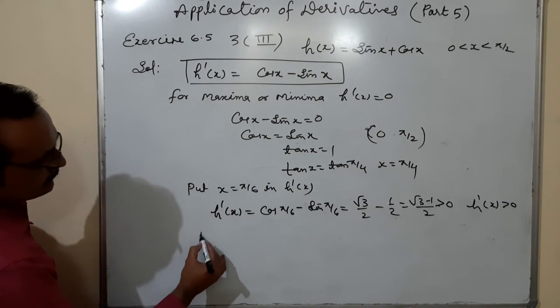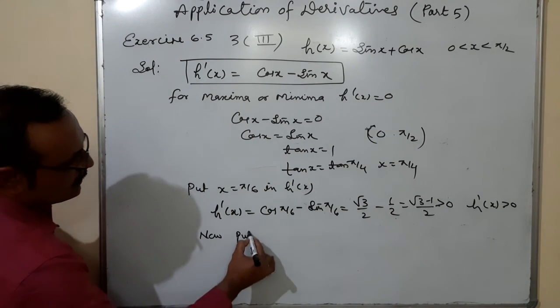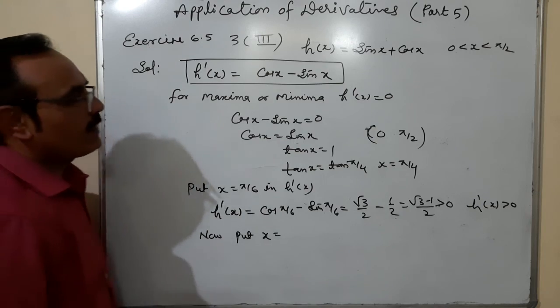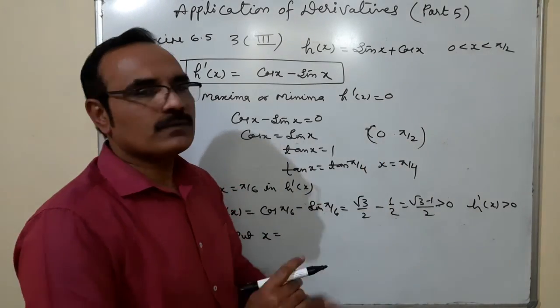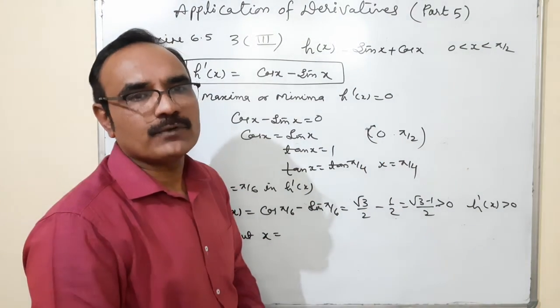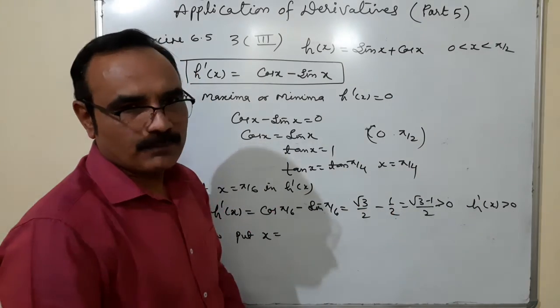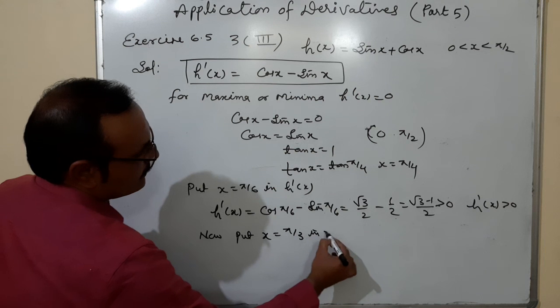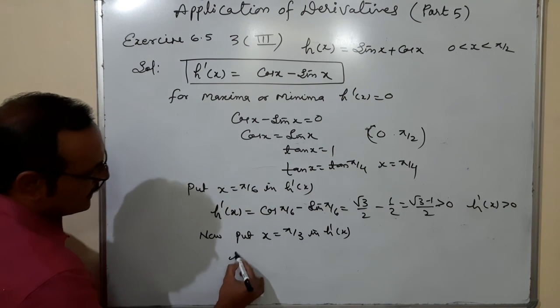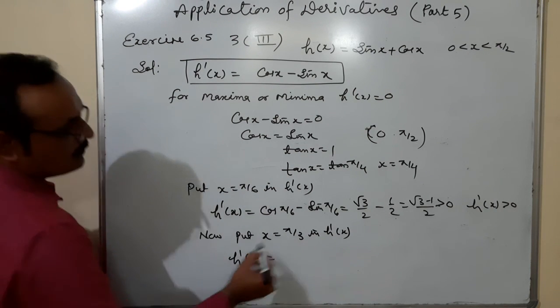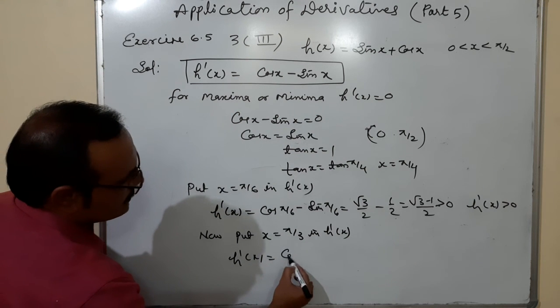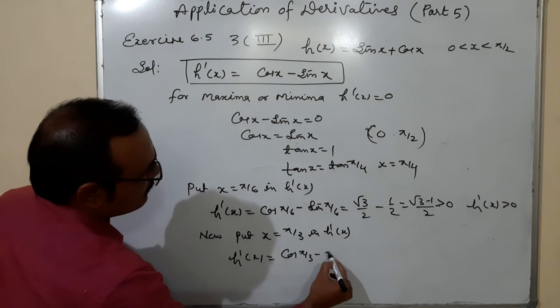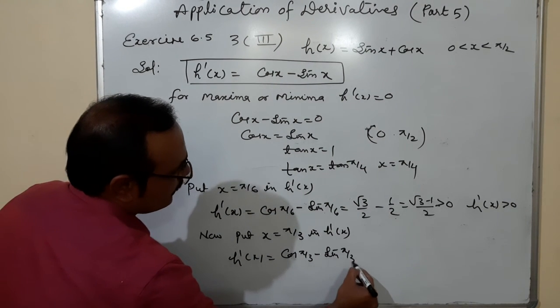Now put x between pi by 4 to pi by 2, that means between 45 to 90, say 60, pi by 3. I'll put pi by 3 in h dash x. H dash x is equal to cos pi by 3 minus sin pi by 3.